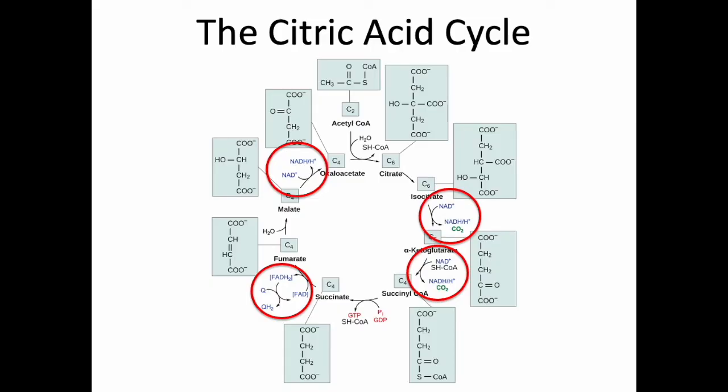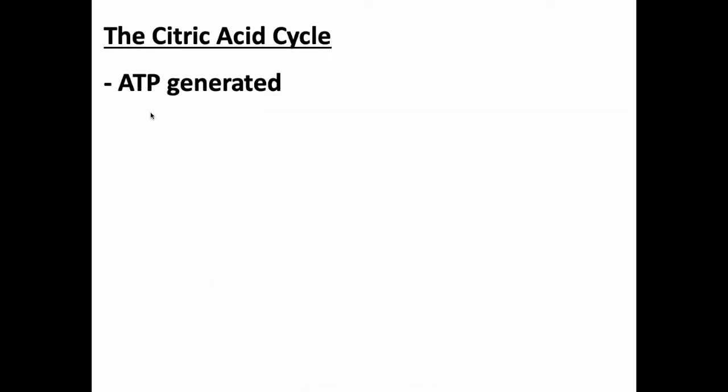As far as breakdown goes, we've completely broken down all the carbon we started with to CO2. As far as breaking down glucose, we're completely finished. But this is not the end of cellular respiration. The point of cellular respiration was to get lots of ATP from glucose.